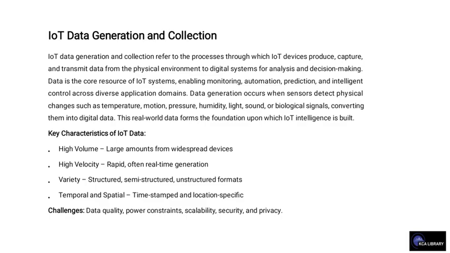When we talk about high volume, it's large amount from widespread devices. It's also known for rapid or often real-time generation. It's also known for structured, semi-structured, unstructured format as it pertains to variety. And also we have the temporal and spatial, which is time stamped and location specific.